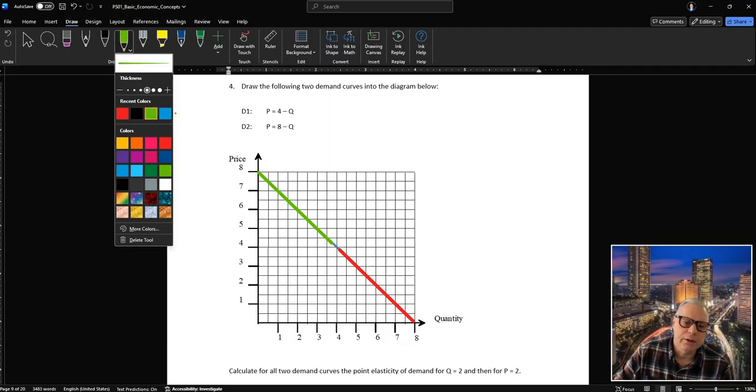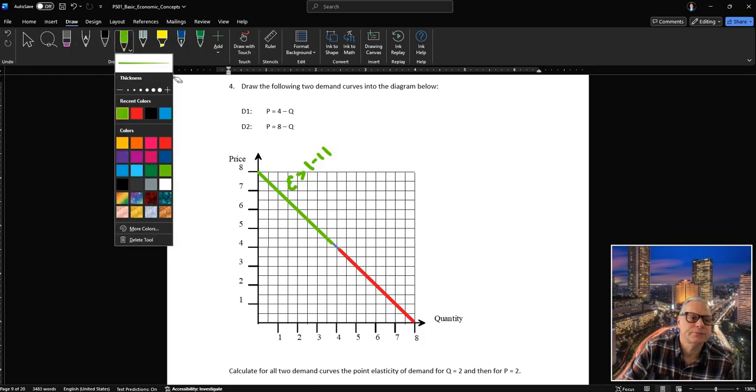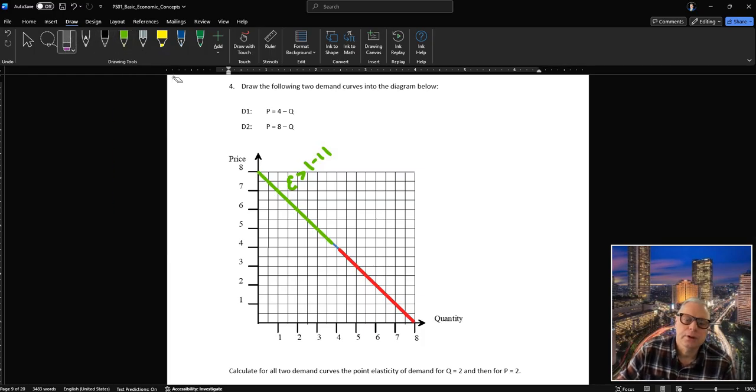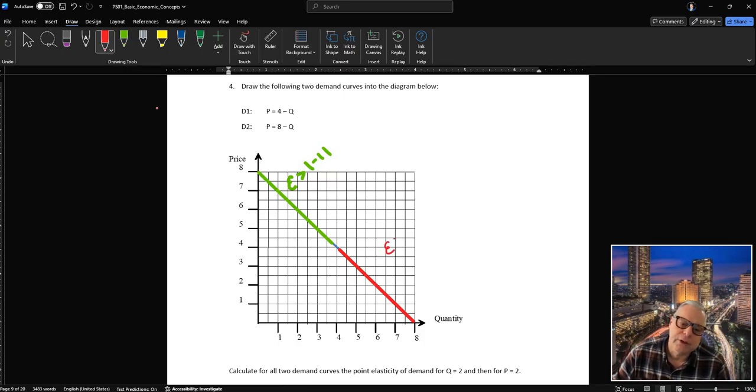Here, the elasticity is greater in absolute terms than -1, and down here, it is inelastic, so the elasticity in absolute terms, those vertical bars mean absolute terms, is less than 1.